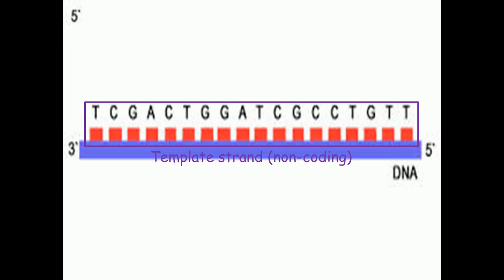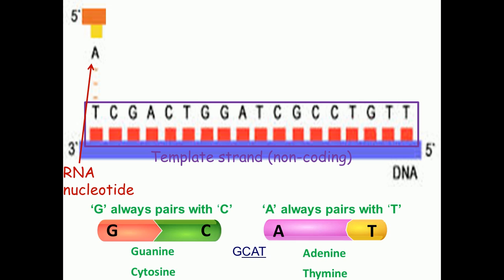And then the template strand is used to add complementary RNA nucleotides. So using the acronym GCAT, we know that guanine is complementary to cytosine and adenine is complementary to thymine. So the next complementary RNA nucleotide to add is guanine, then cytosine.